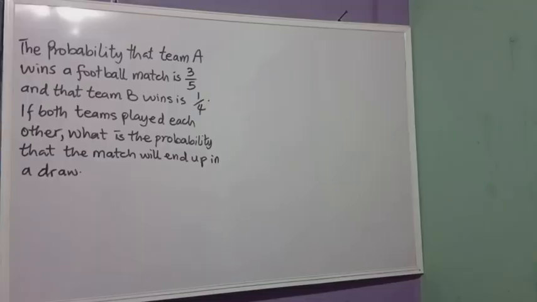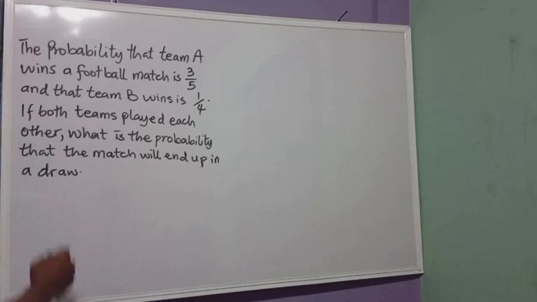Alright, looking at our third question, it says the probability that team A wins a football match is 3/5 and that team B wins is 1/4. If both teams play each other, what is the probability that the match will end up in a draw? For us to find the probability that the match will end in a draw, we have to find the probability that both teams do not win.